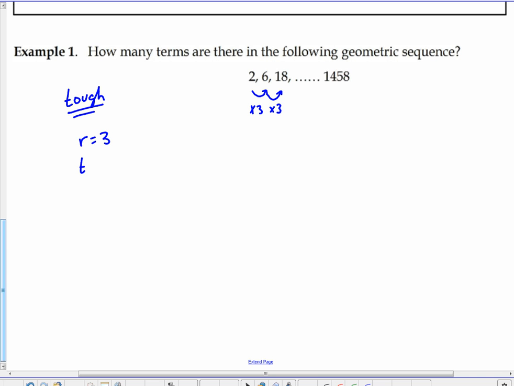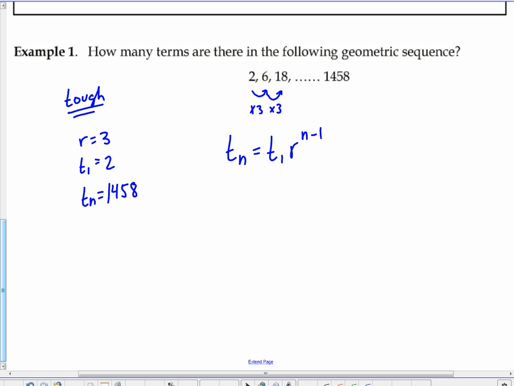Term 1 is 2. What else do we know? T of n, our last term, is 14,485. We have this formula that I just ran by you very quickly, and we're going to plug in what we know.